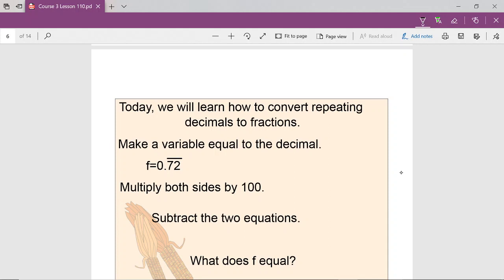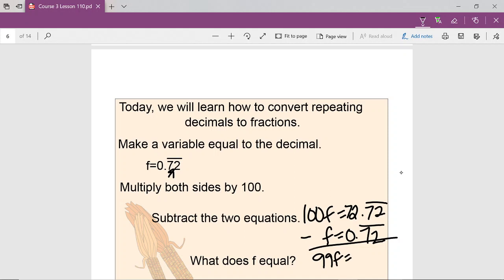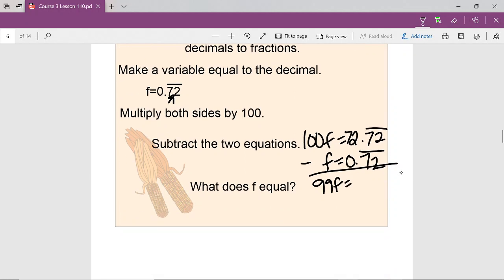So our first equation, f equals 0.72 repeating. Then we multiply each side by 100 and get 100f equals, remember that's 100 because both digits are repeating, 72.72 repeating. Well, when I subtract these, I get 99f equals, and that's going to be 72.